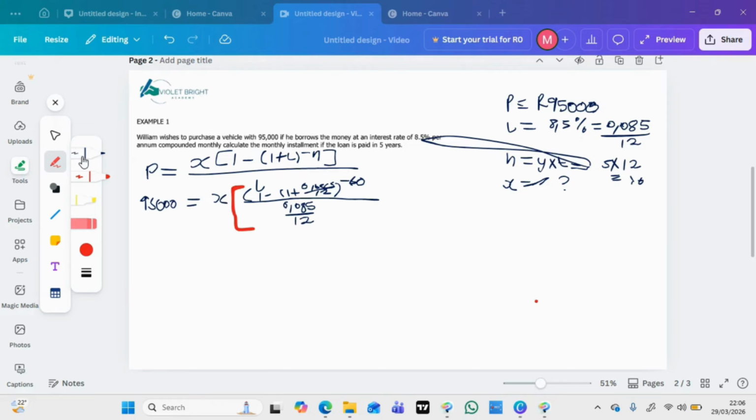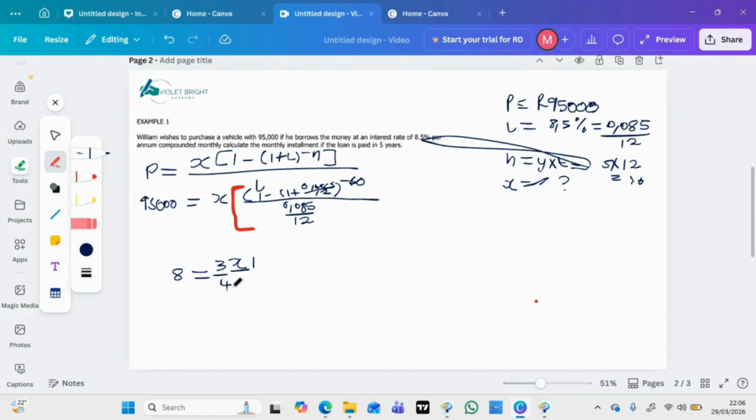Suppose you are given, let's say, 3x over 4.